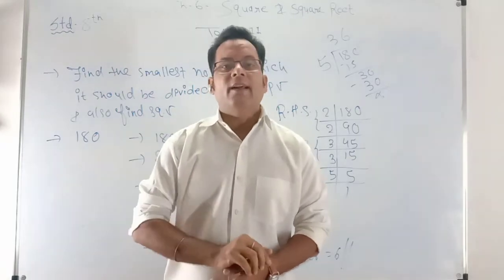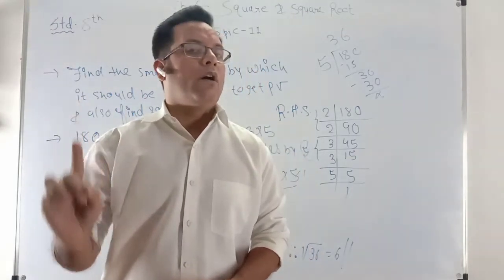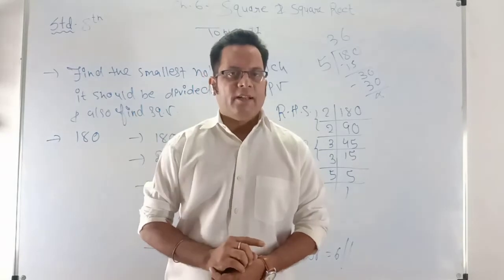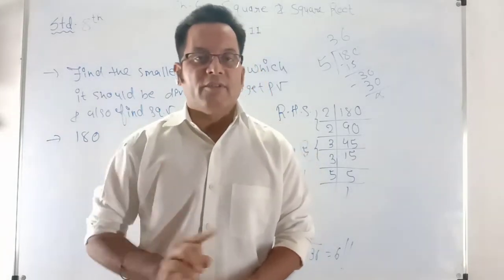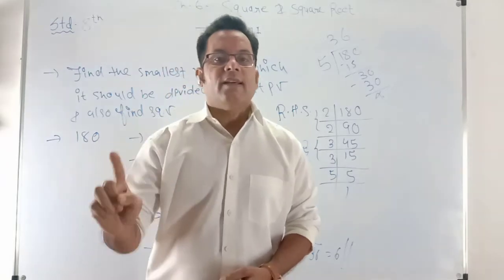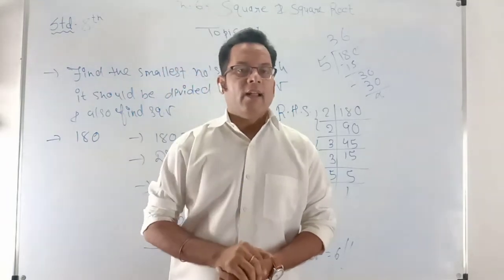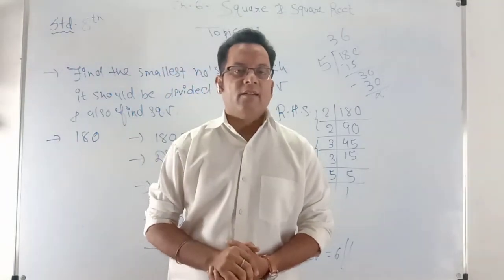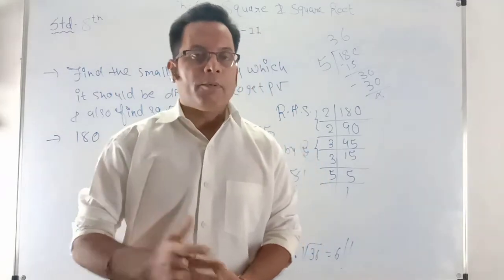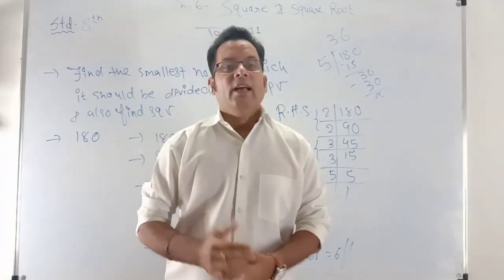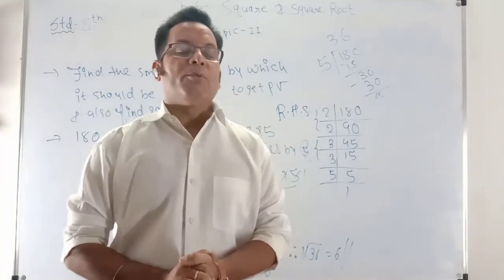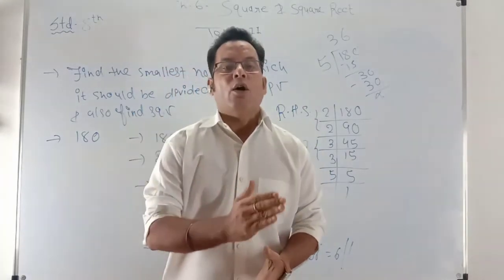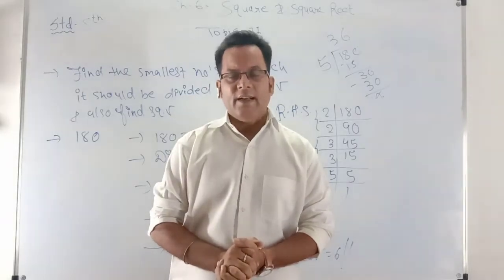But if the number has 2, 3, 7 or 8 at the unit place, it is not a perfect square. Suppose 12, not a perfect square. 88, not a perfect square. And I even told you how to know whether the given number is a perfect square or not, right?